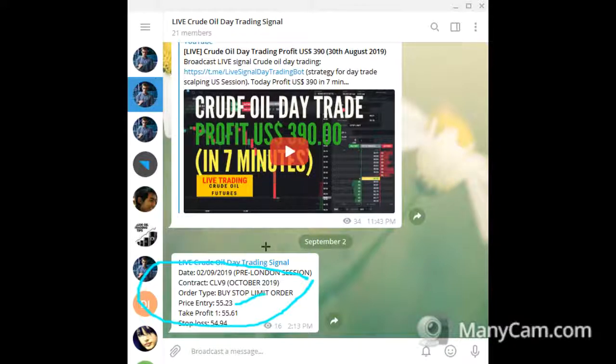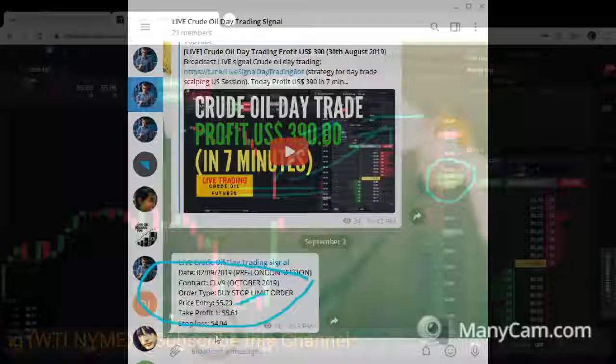This buy stop limit order at 55.23 is quite a valid signal so far. We will follow this signal and take a profit of around 40 ticks, or $400 in profit.